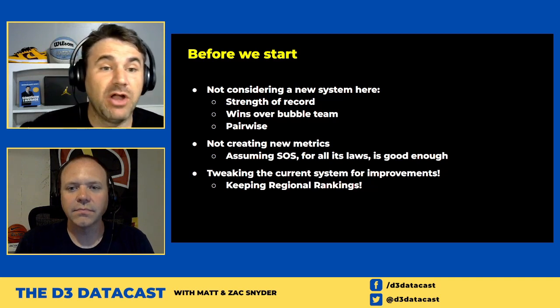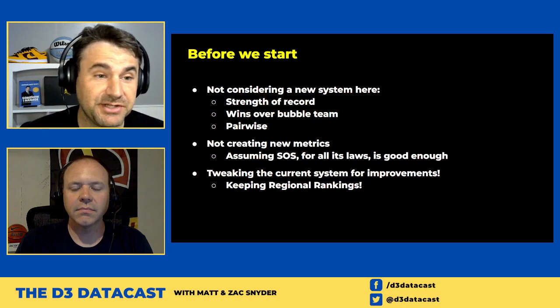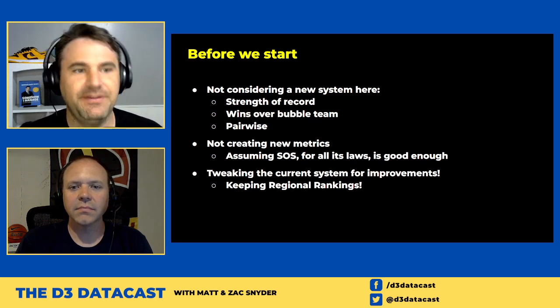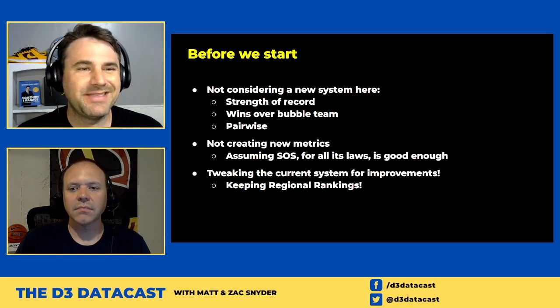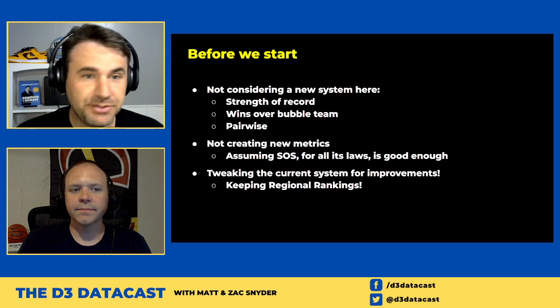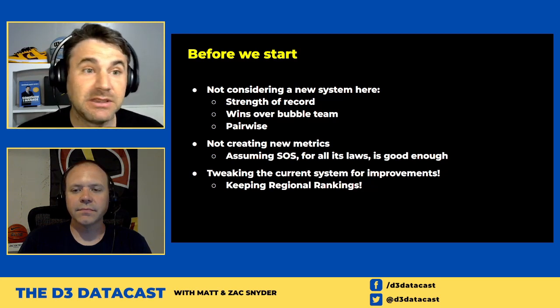As we start, I'm going to set up some parameters for this conversation, Zach, because you could go a million different ways when you're talking about fixing the selection criteria. And this is what we're going to talk about today: we're not going to consider a new system. So we're not going to consider some other ideas that I maybe like.